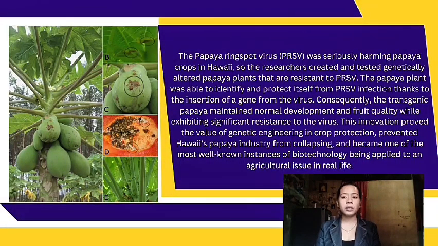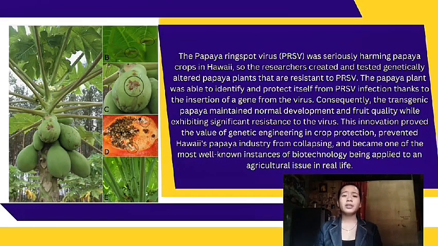Consequently, the transgenic papaya maintained normal development and fruit quality, while exhibiting significant resistance to the virus. This innovation proved the value of genetic engineering in crop protection, prevented Hawaii's papaya industry from collapsing, and became one of the most well-known instances of biotechnology being applied to an agriculture issue in real life.